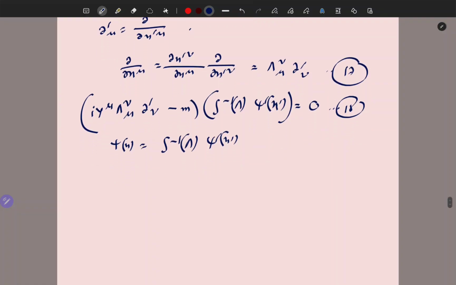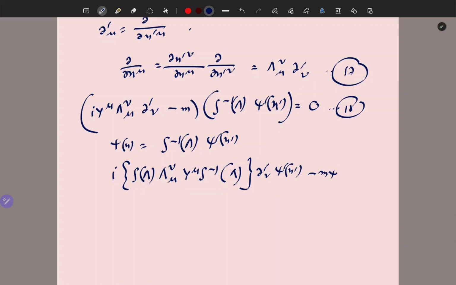Multiplying the above equation by S of lambda from the left, we find that i S of lambda lambda nu mu gamma mu S inverse of lambda del prime nu psi prime of x prime minus m psi prime of x prime equals 0.